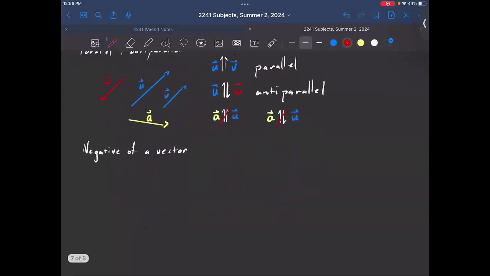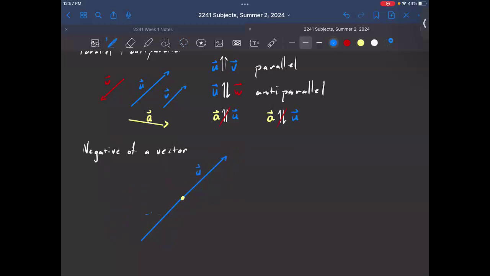Okay, we've already seen this, but just to put it in formally, a negative of a vector, if we're given u here, a negative points in the opposite direction, and we can actually just put these at the same starting point. Make things a little clearer, hopefully. So here's our starting point, and our vector u points in that direction.